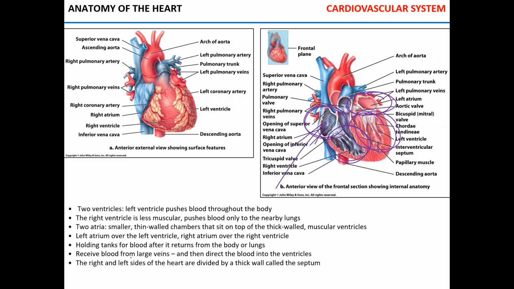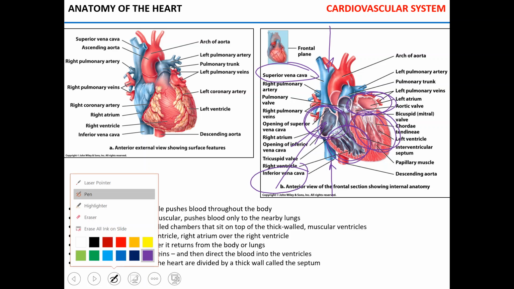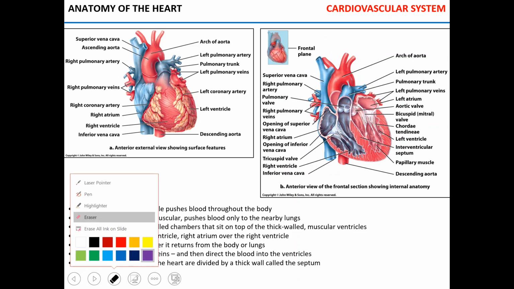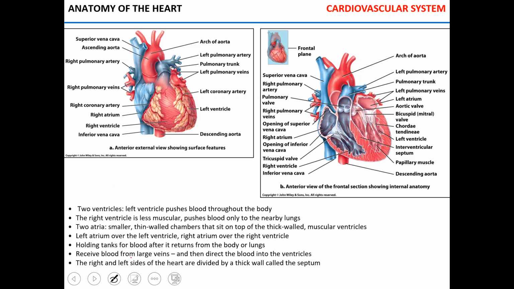The blood vessels that deliver blood into the right atrium are superior and inferior vena cava. When right atrium contracts, it pushes the blood into the right ventricle, shown here.